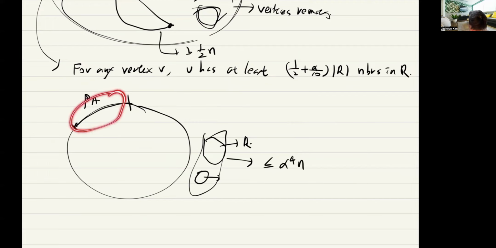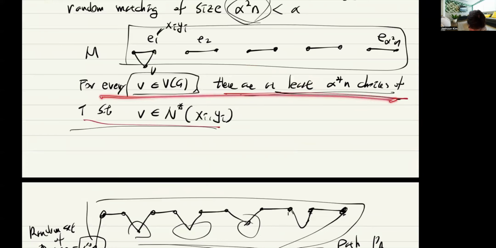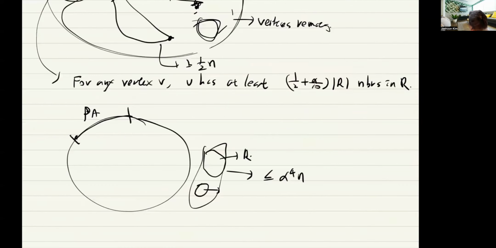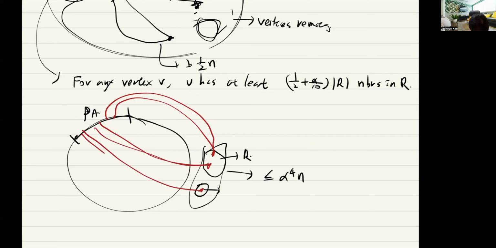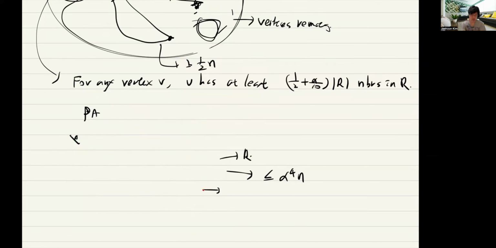Now you use the property of the absorber, because this absorber was taken in such a way that every vertex has at least alpha to the 4 n choices for absorption. So for each one of them, you can choose in a distinct way that it can be absorbed. And then finally, this is our Hamilton cycle.